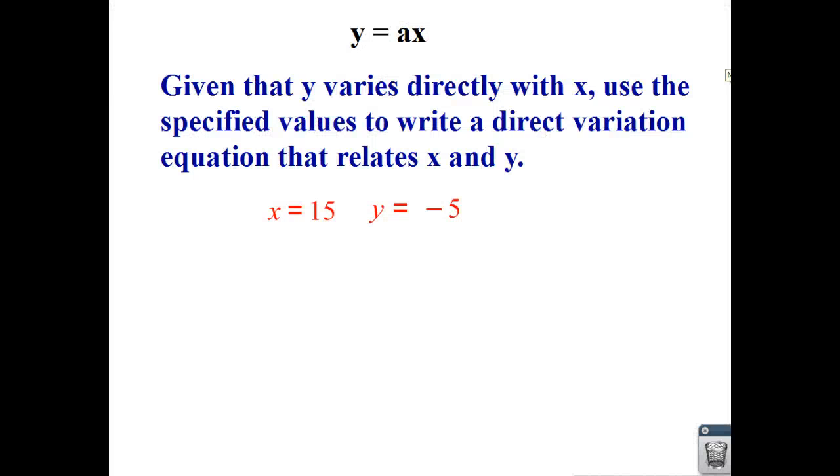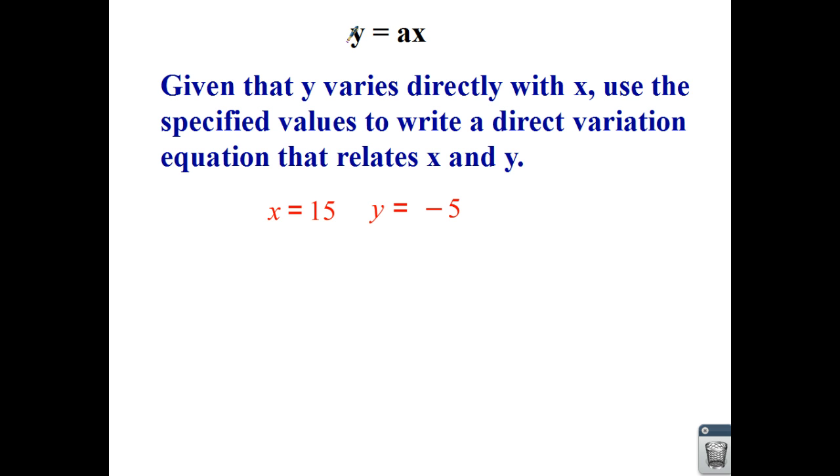The first one says y is equal to ax, and given that y varies directly with x, that is very important wording right there. So you see that it says y varies directly with x, and that means that y is going to be your quantity of interest. In other words, it's your variable that has been set aside or solved for, and everything else is on the other side.